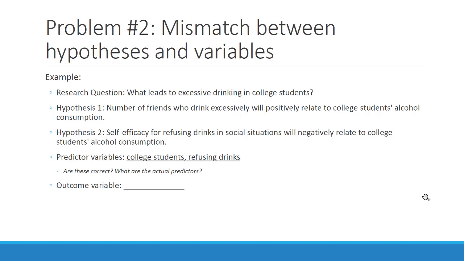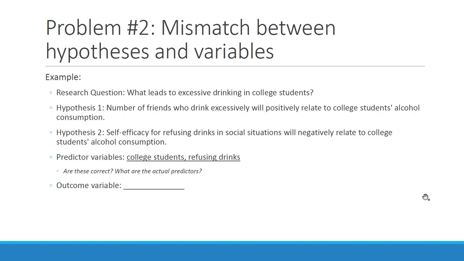Remember how we went over the theory of planned behavior in our last video and how these two things apply based on that theory. The number of friends, that has to do with social norms, and the self-efficacy for refusing drinks has to do with perceived behavioral control. Okay, so now let's talk about the mismatch between the hypotheses and variables here.